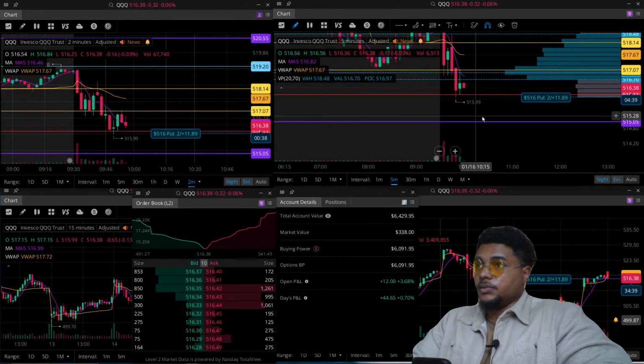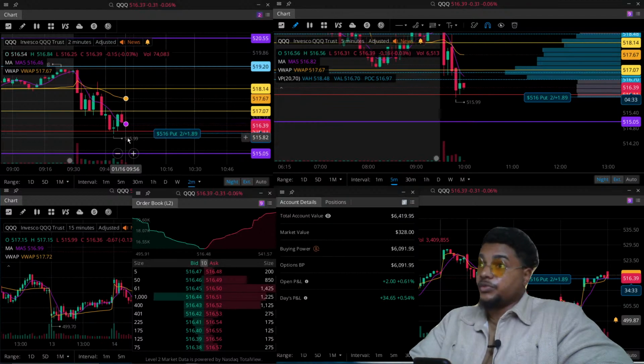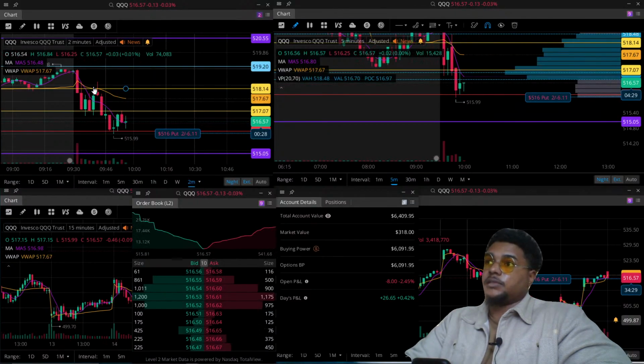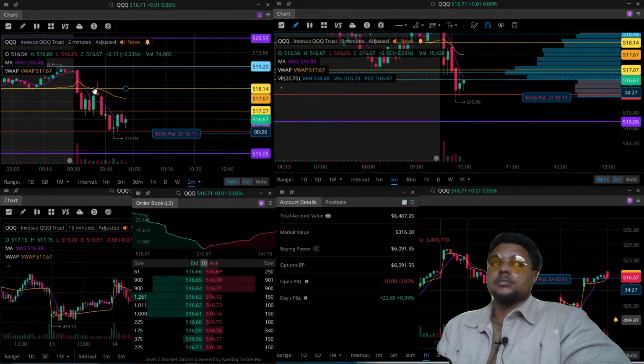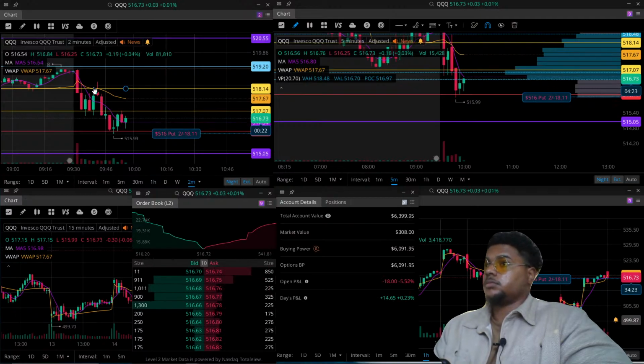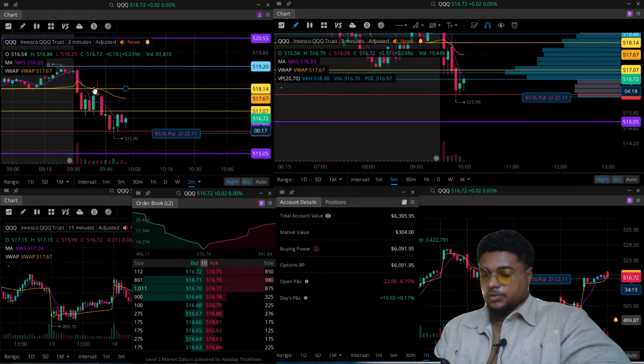Now, if it breaks below this point, I'll look to add 2 if it closes below this point, right? So that's the plan. It's trying to push up again, so I might actually just close it out right here.